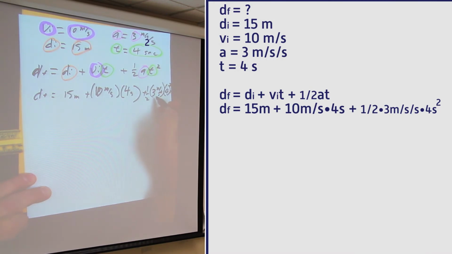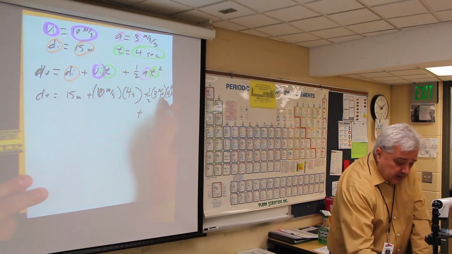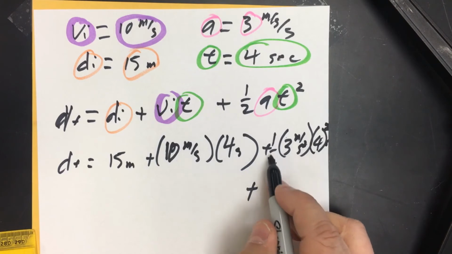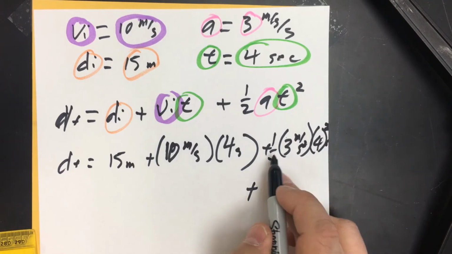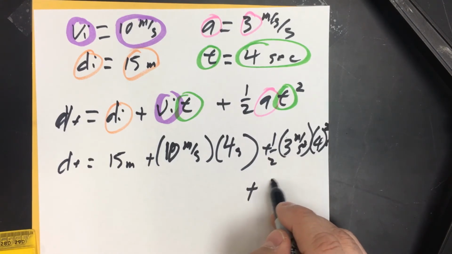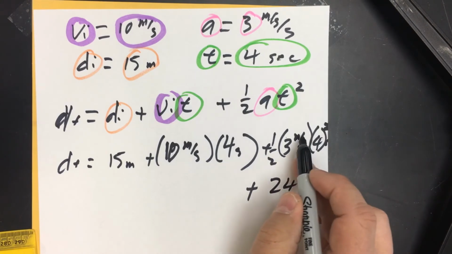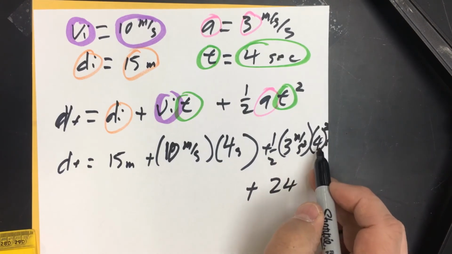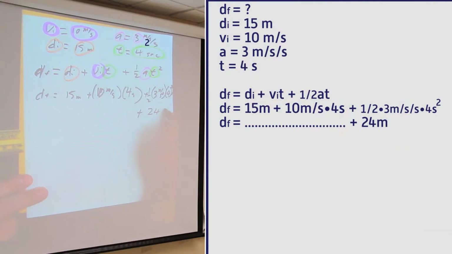The seconds are going to cancel. Because this is such a disaster, I'm going to do this one out. 1/2, 4 squared is 16. 16 times 1/2 is 8. 8 times 3 is 24. The seconds squared cancel out, so this ends up being 24 meters.